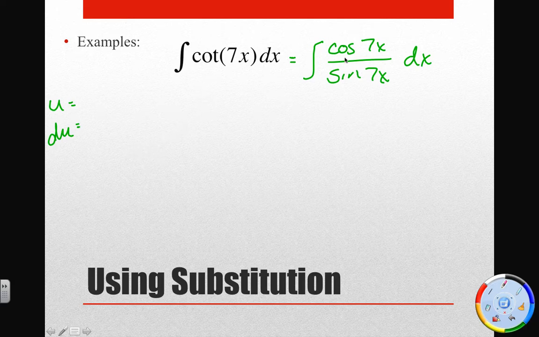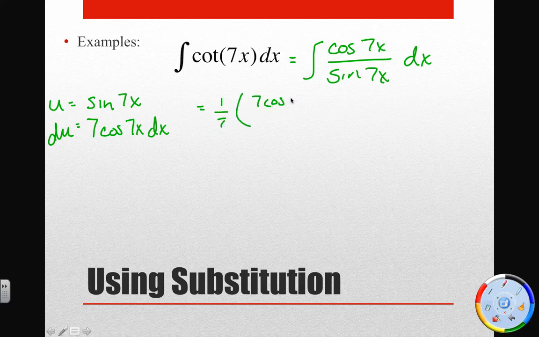Because there's no negatives and stuff like that, I'm going to say u is actually sine of 7x, and du would be 7 cosine of 7x dx. Well, with that being said, I don't have 7 of them up here, so I'm going to say I have 1/7 of the integral of 7 cosine 7x over sine 7x dx. Forgot my integral sign.